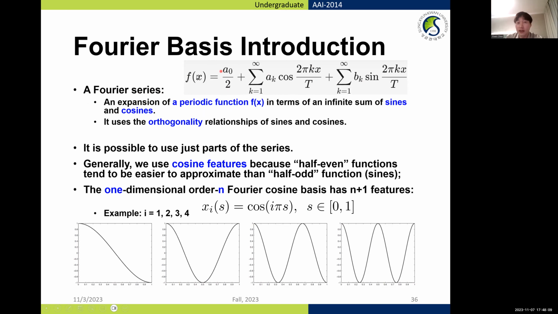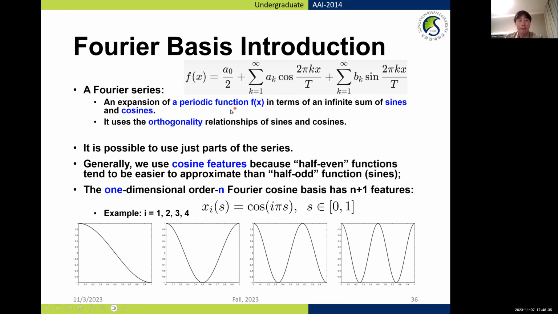So f(x) should be a periodic function, with a period, a repeating pattern. It can be expanded in terms of infinite cosine and sine terms, summed together.